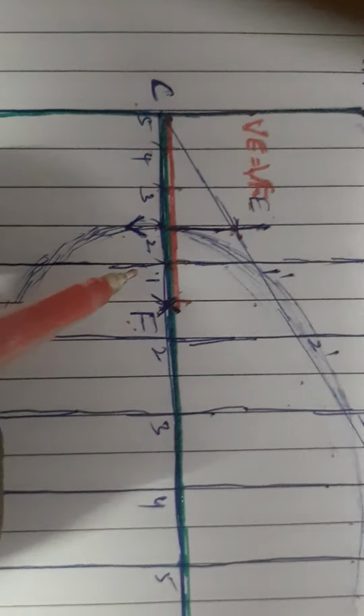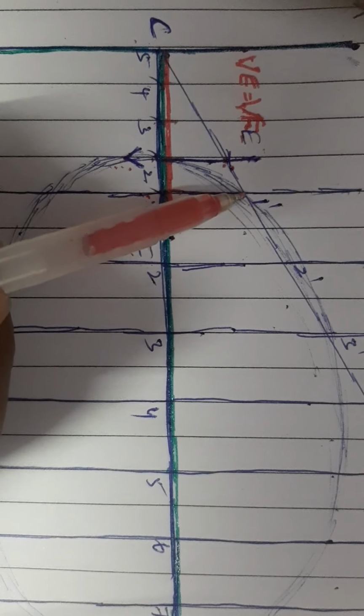Now it's time to divide the VX line into any number of equal or unequal divisions. Here I am dividing this length into equal divisions. First I draw one vertical line from one division and name it 1 dash.